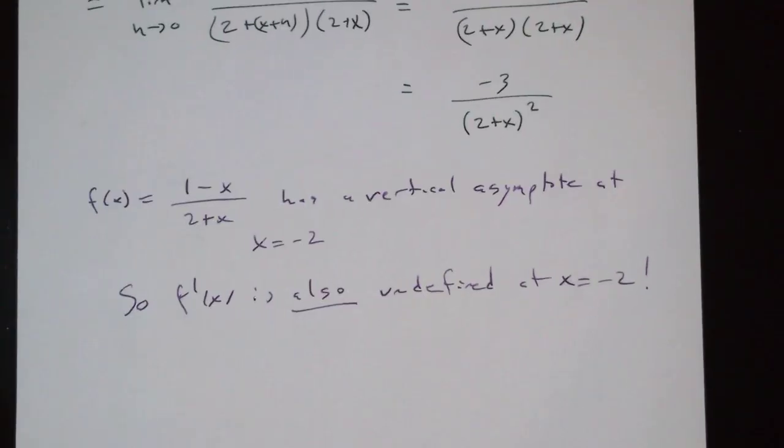If I have a function and I have a place where that function is broken, I can't take a tangent line there. If I don't have a tangent line there, I can't possibly have a derivative there. Every place my function is broken, I lose my ability to take a derivative.